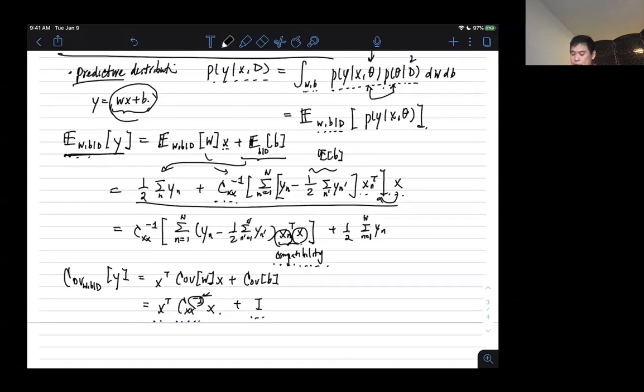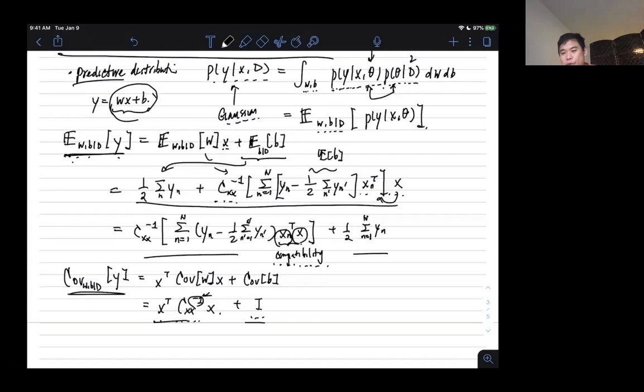That is, it has an expectation of y in this form, and a covariance of y in this form. One more thing: what if there is another moment beyond the expectation and variance that needs to be computed? Now we know that this predictive distribution has to be Gaussian, because the product of Gaussian densities is a Gaussian density.